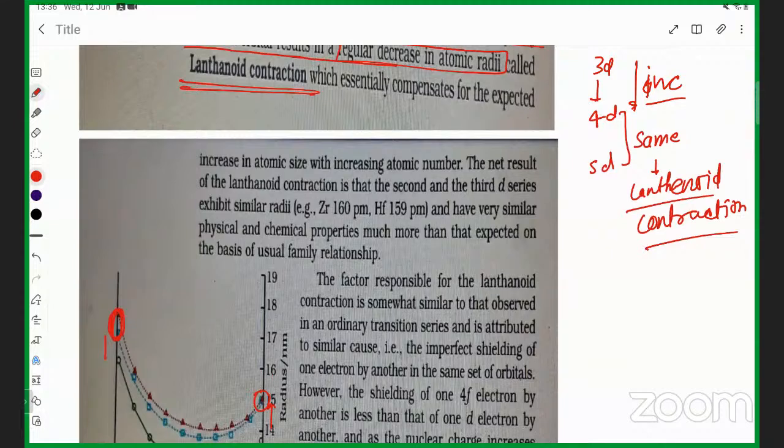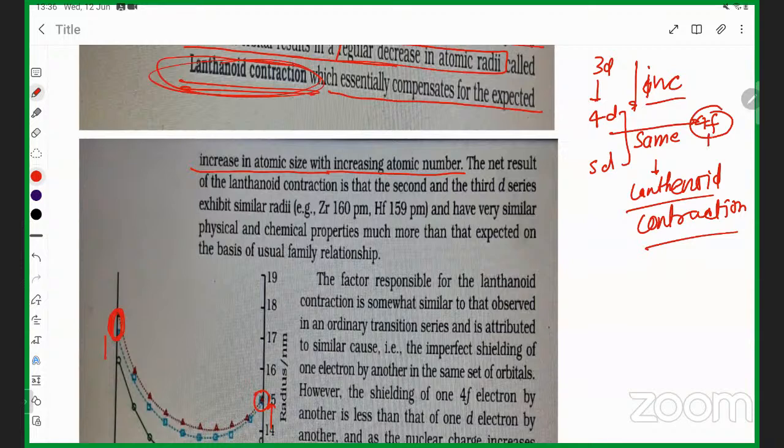Okay. So this is because of the lanthanoid contraction, which essentially compensates for the expected increase in atomic size with increase in atomic number. Between 4d and 5d, the 4f electrons are filling, and there is no effective shielding by 4f, so the size contracts.